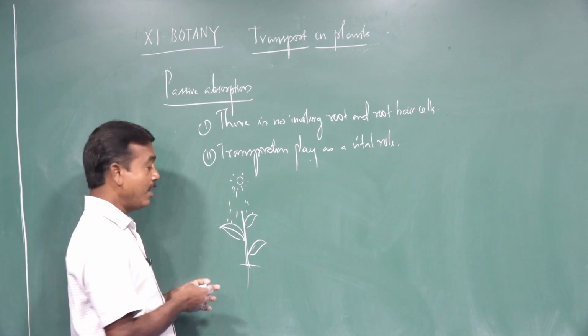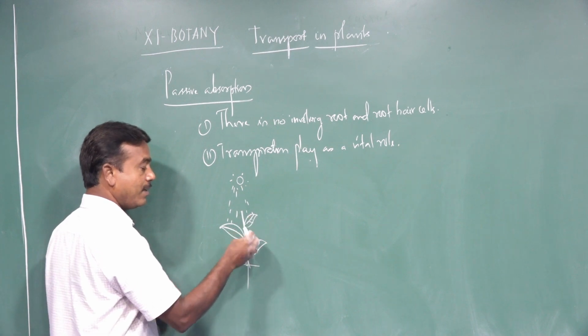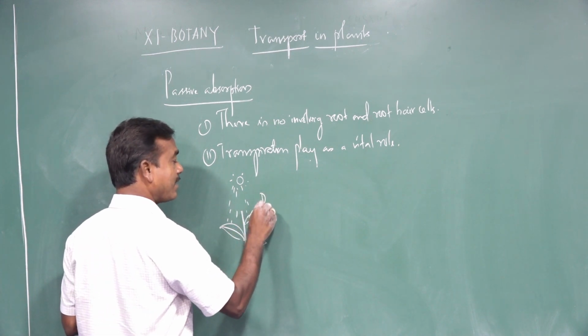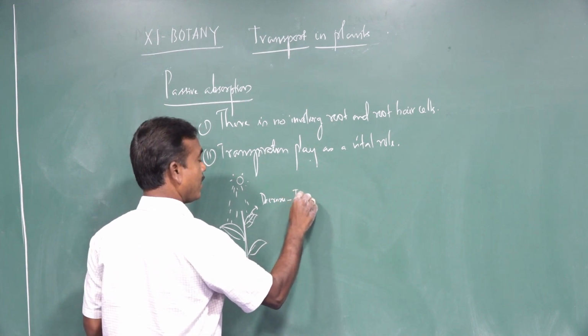At that time, the leaf cells decrease in turgor pressure.